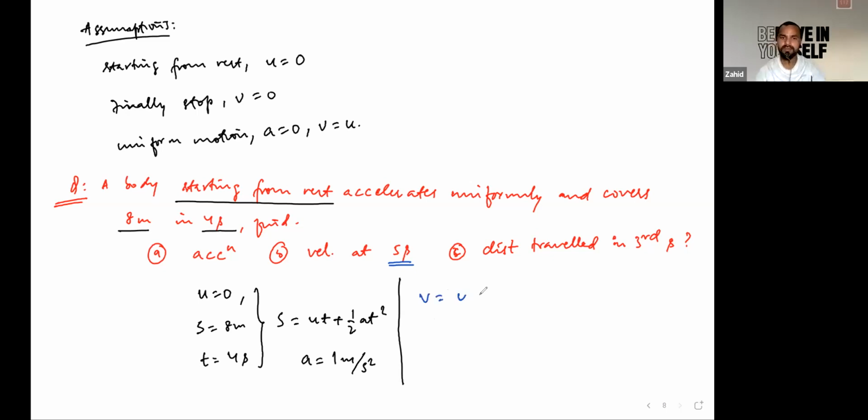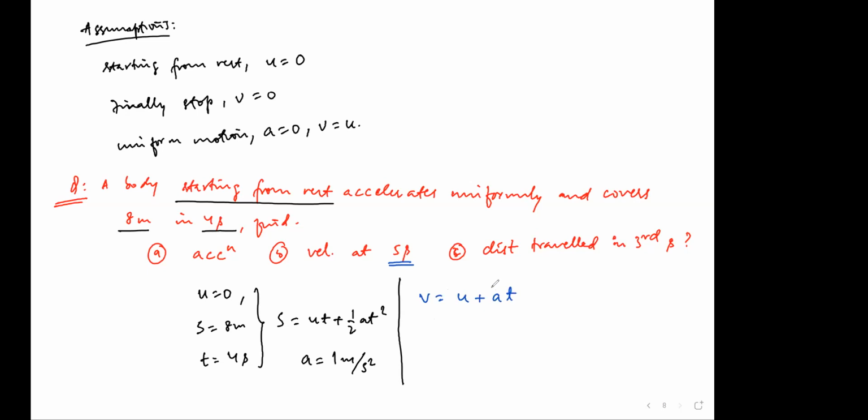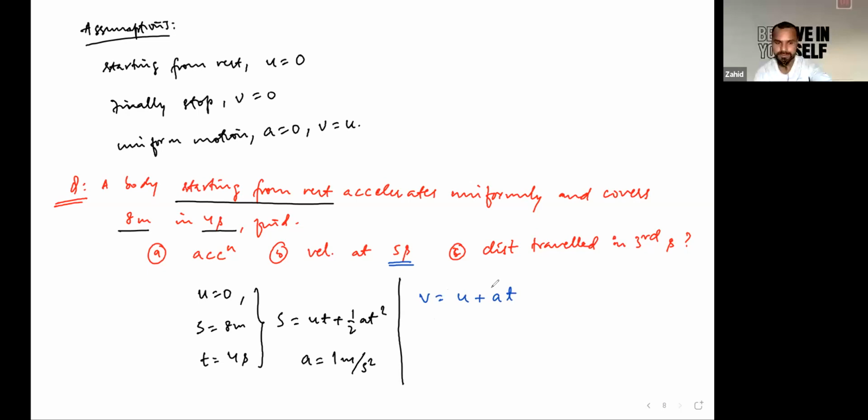Using the first equation of motion, v equals u plus at. Use u as 0, acceleration is 1 and t is 5. So on solving, you will get the answer.